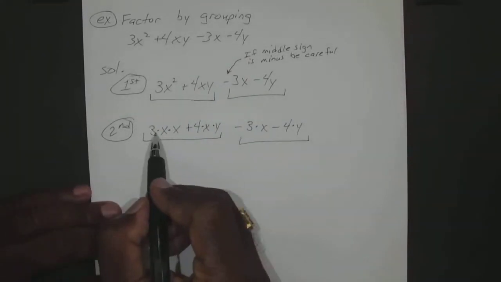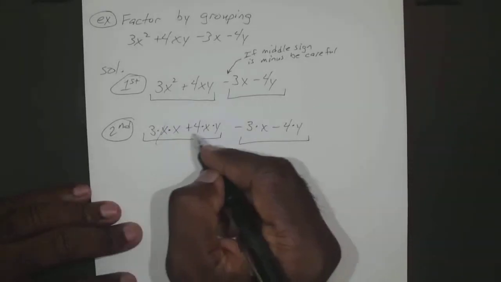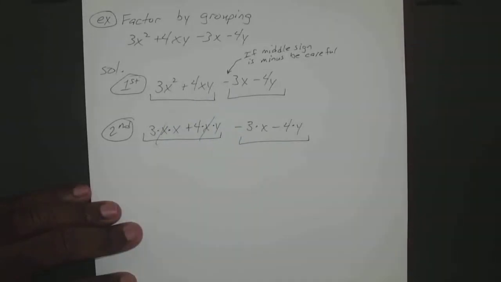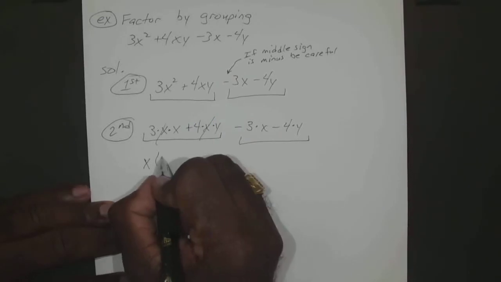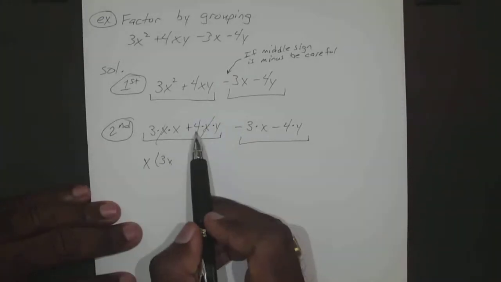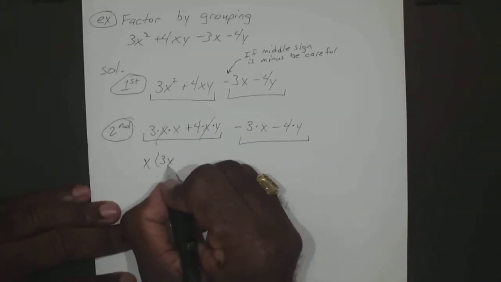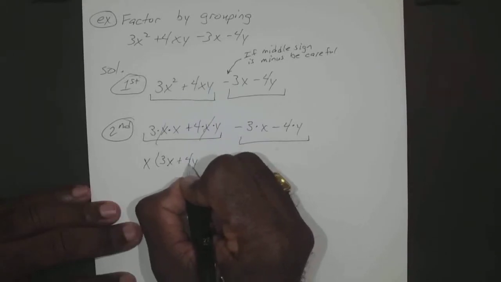Okay, so in this one, you have an x in common. And really, that's it. So you just bring the x out to the front. So you have a 3x left here, and that goes in this parentheses. And you have a 4y, or plus 4y, right there.